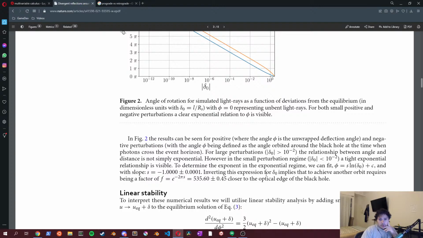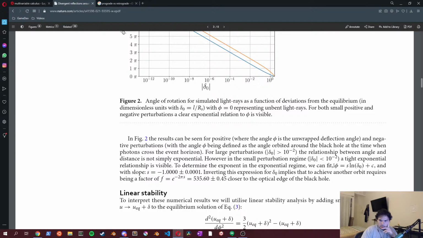Inverting this expression for d0 implies that in order to achieve an orbit of... right, so if we want to achieve an orbit, we need phi to be 2 pi. That would be one orbit.